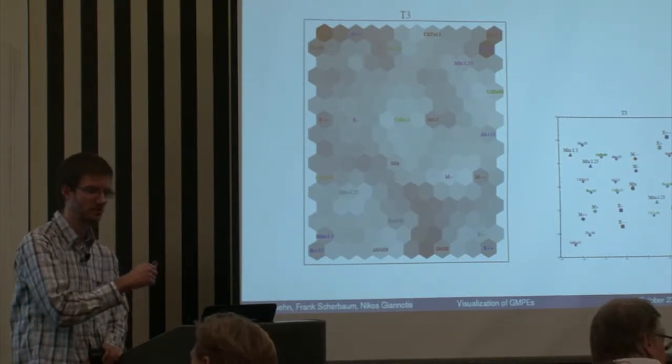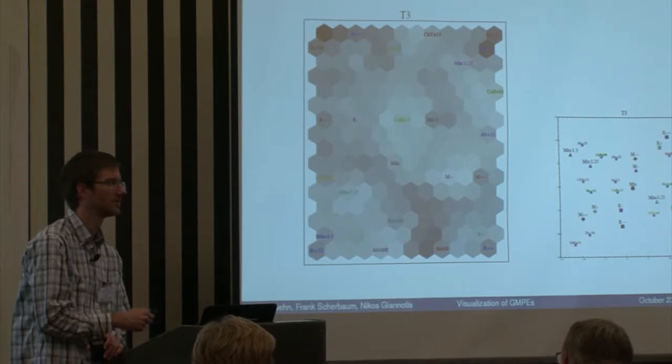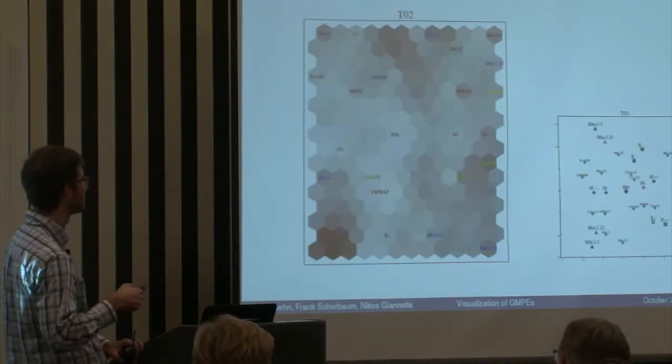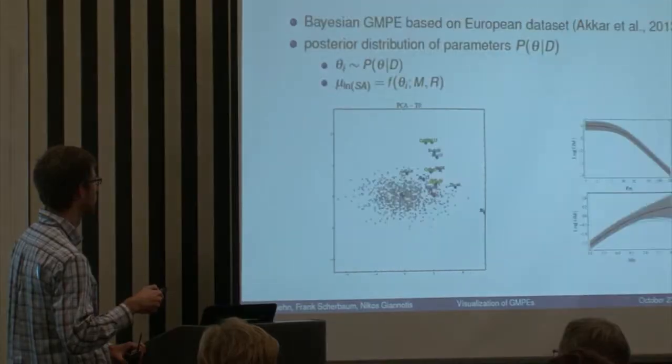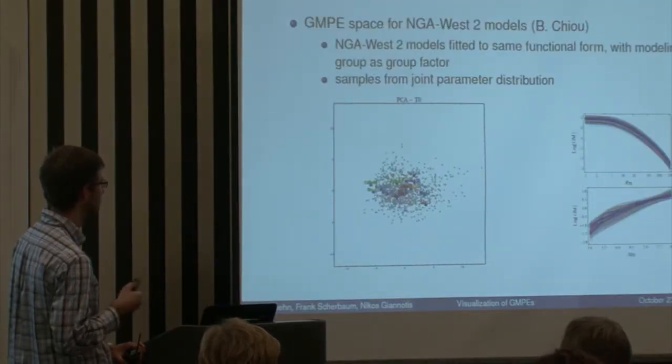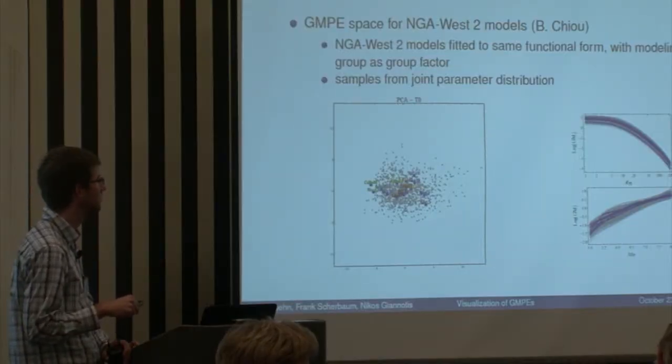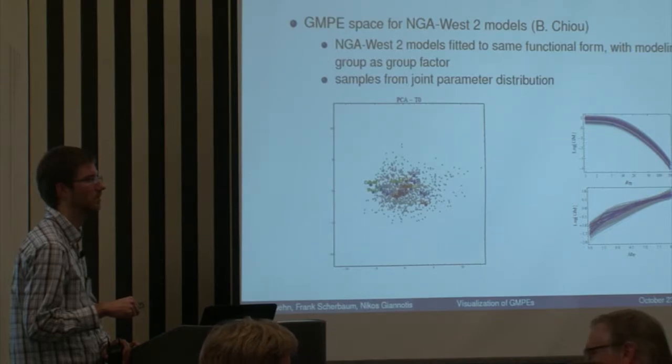Can you go back to the PCA plot? If I understand it correctly, each point in that plane, you could construct the corresponding GMPE by simply summing the eigenvectors. Well, there are two things.